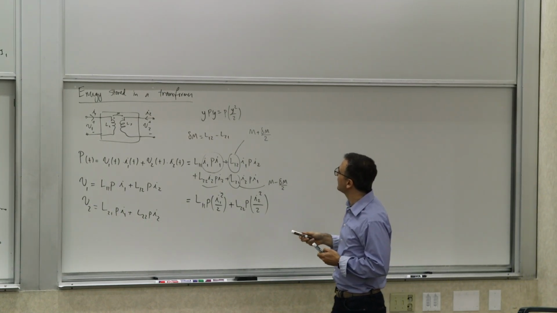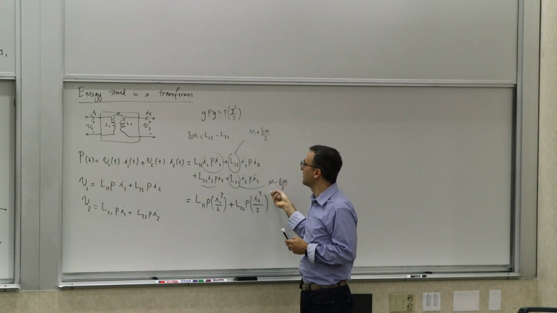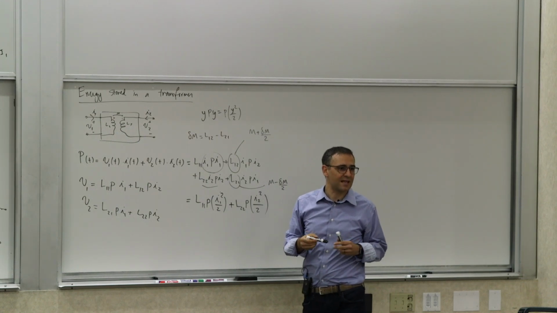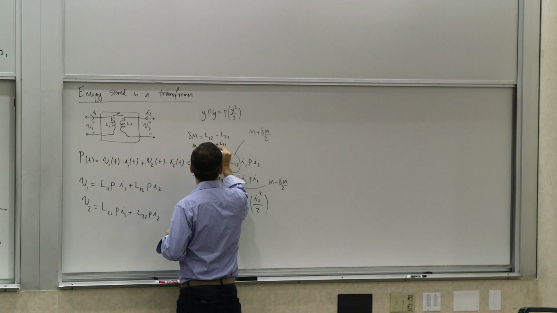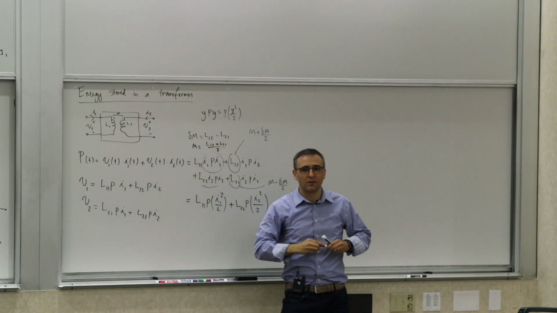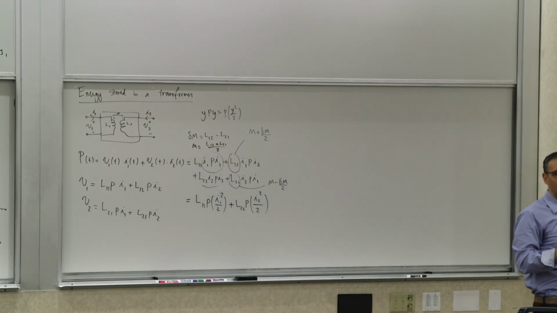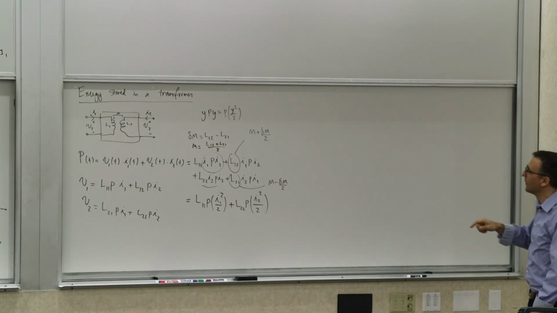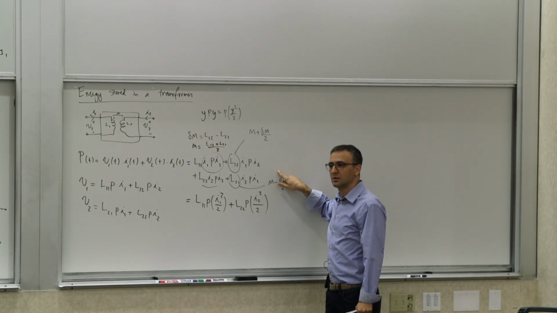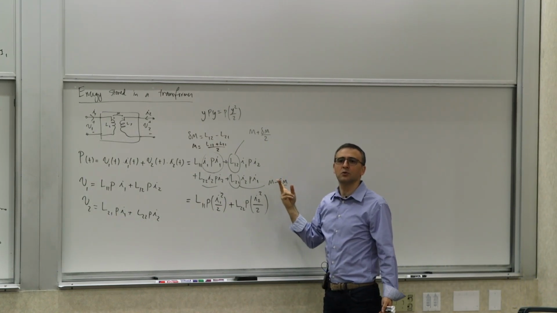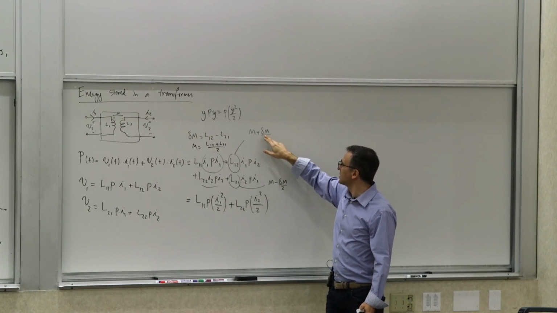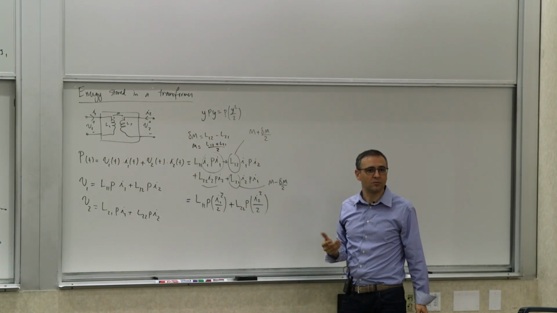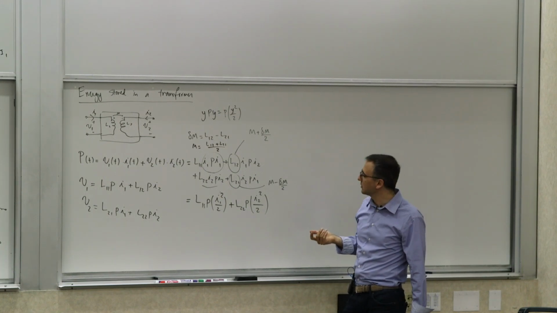We define m as their average, so m is L12 plus L21 divided by 2, and delta m is their difference. So you can always write it in this form: any two functions, you can write as their average plus half of their difference, or minus half of their difference, depending on which one you're trying to get.